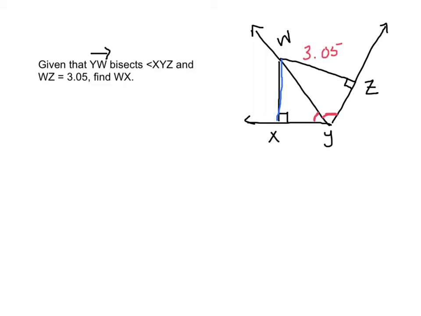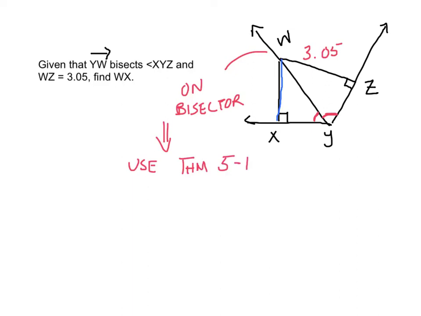Well, looking at it, isn't W on the bisector? Since W is on the bisector, that means we can use our theorem 5-1-3, which is the angle bisector theorem.